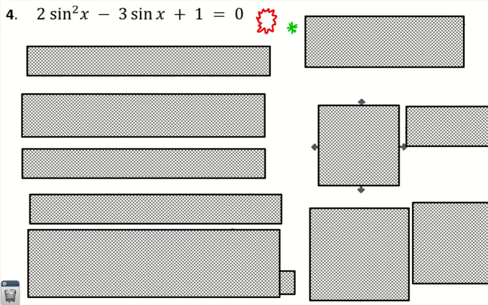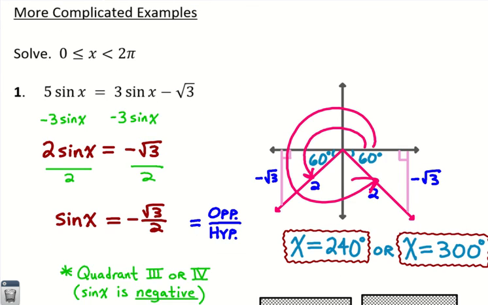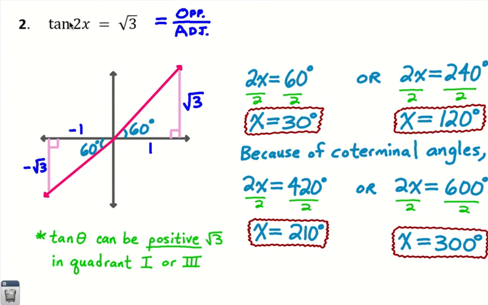All right, so hopefully that all made sense. From example 1, just quick review. We always want to get the sine of whatever by itself, or the cosine of whatever by itself first, if we have to. In number 1, we had to do a couple steps to get the sine of x by itself. In number 2, we didn't have to do a darn thing to get the tangent of 2x by itself.